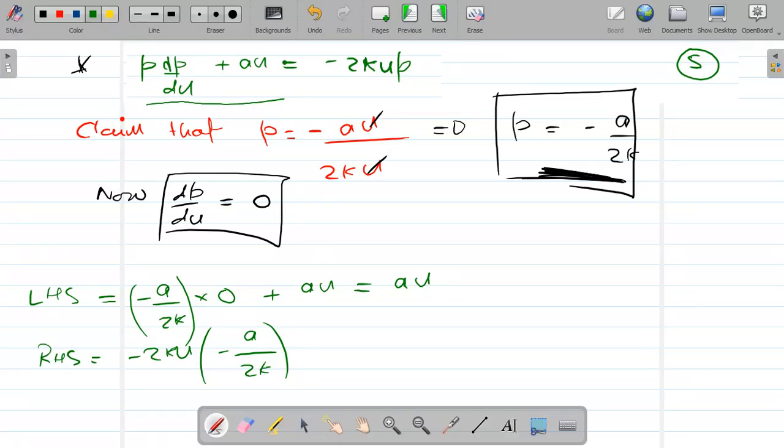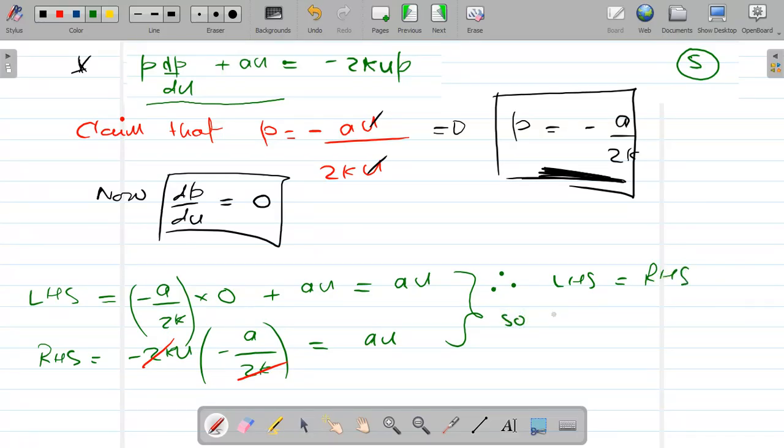Let's change colour. It's disappeared. If I move too quickly, it'll just disappear. So the minus 2K cancels with the minus 2K in the denominator, and therefore we're left with AU. Therefore, left-hand side equals the right-hand side.